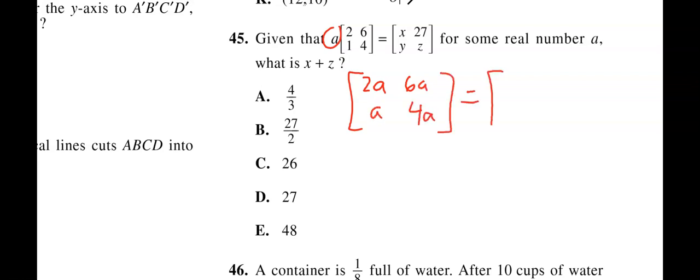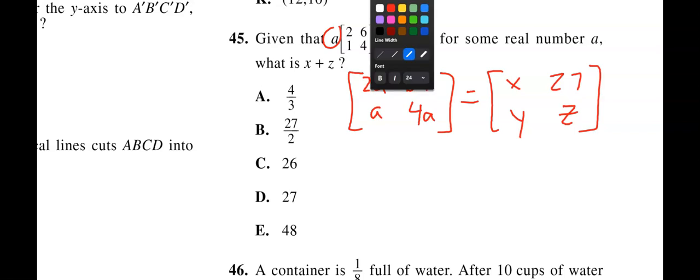This isn't really matrix multiplication. This is called scalar multiplication. You take the number that's on the outside and you multiply it times every element inside the matrix. So that means we're talking 2A, 6A, 1A, 4A. And that is equal to X, 27, Y, and Z.